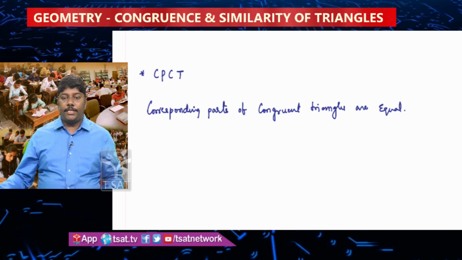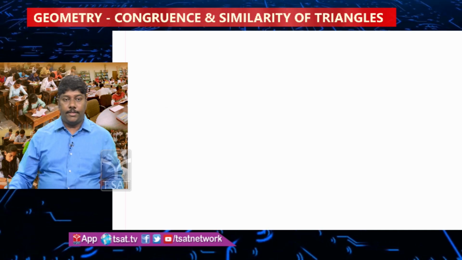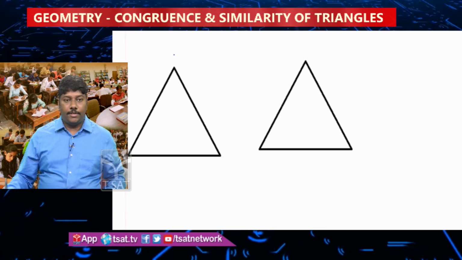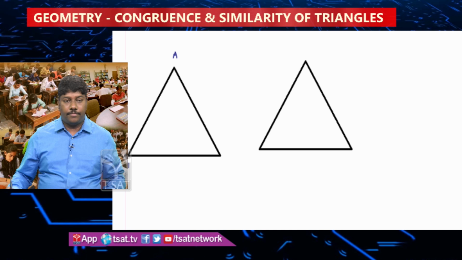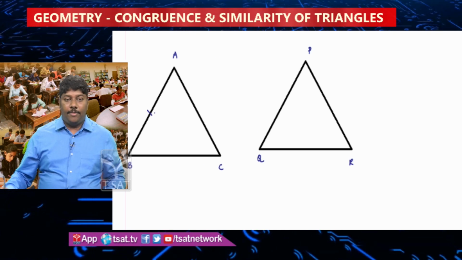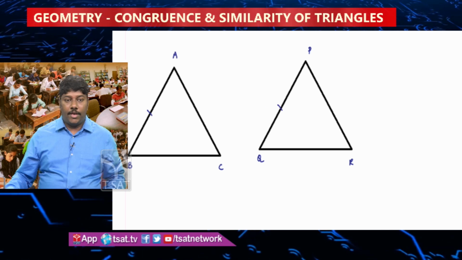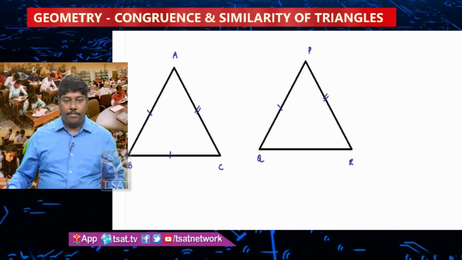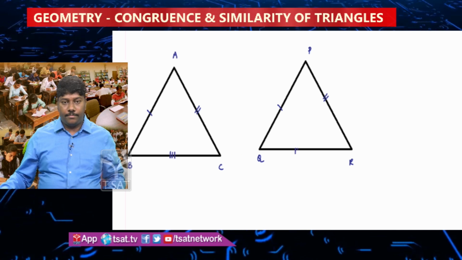What do you mean by corresponding parts of congruent triangles? Suppose, just take a triangle. I am saying the first triangle is triangle ABC. The second triangle is PQR. We know that AB is equal to PQ, AC is equal to PR, BC is equal to QR.